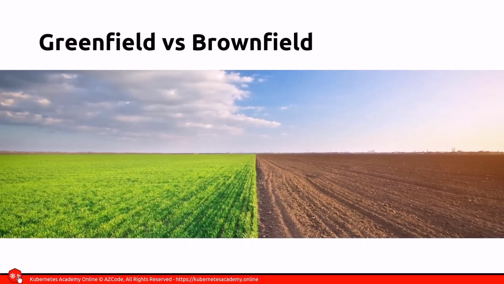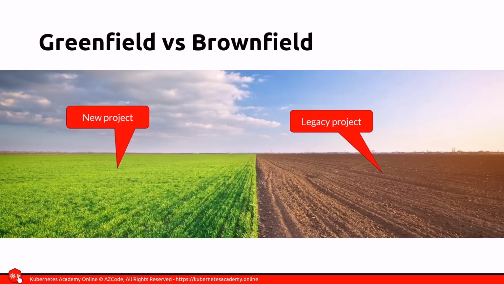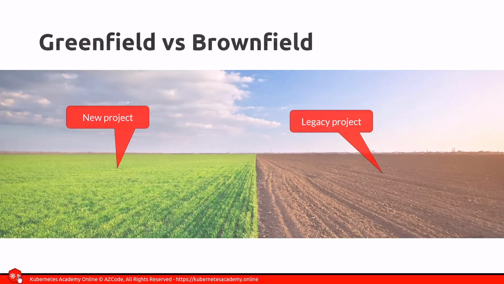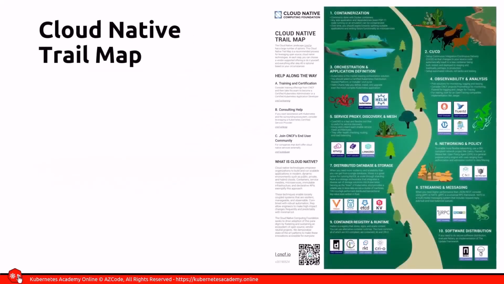Of course, this cloud-native thing is a lot easier when starting a new project, a blank page or a greenfield. However, it's still possible with legacy projects. I really like the Cloud Native Foundation Trail Map because it breaks the journey to Cloud Native into smaller, measurable objectives.